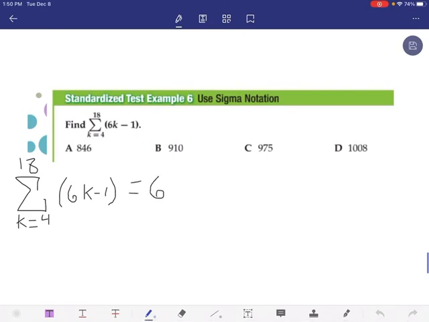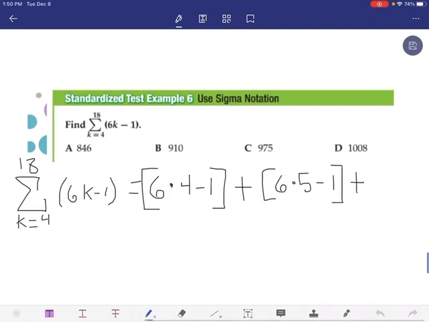So notice that if I plug in 4 first, I would have 6 times 4 minus 1. And then that is my first term in my series. And then we're going to add, and then we're going to plug in our next number. So 5. So 6 times 5 minus 1.